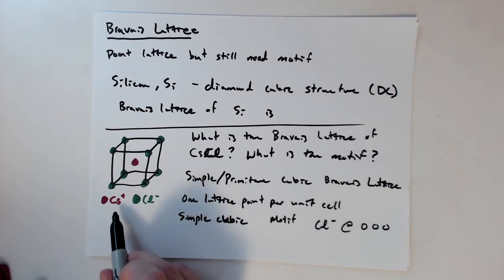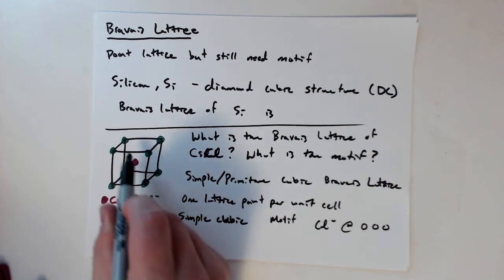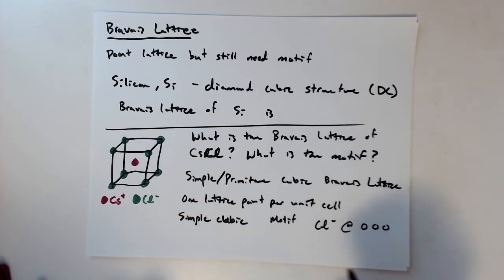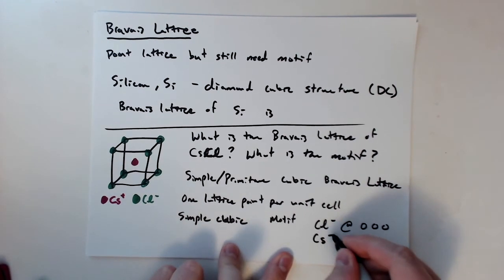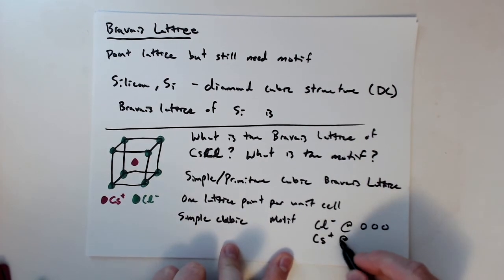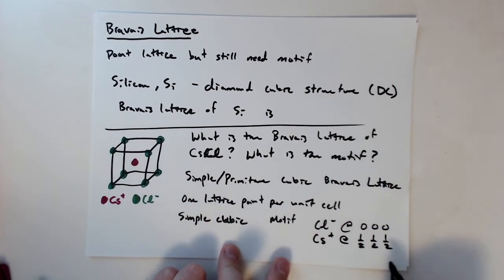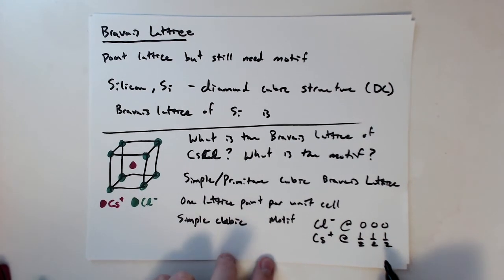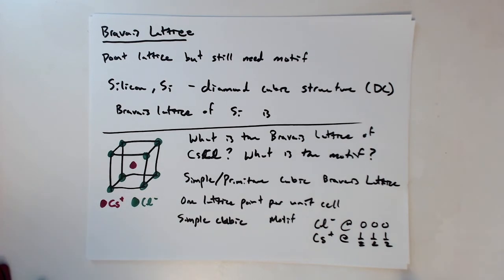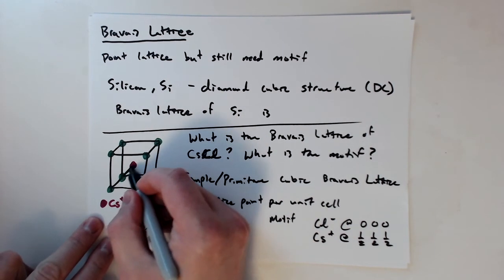But we still have to think about the cesium, right? And we have one cesium per unit cell. So that means that we also have to have a cesium ion, and that's at, we can see from the picture there, the body center, which is 1/2, 1/2, 1/2, right? So essentially, our motif is these two, right?